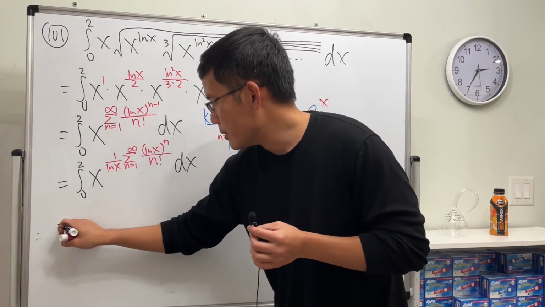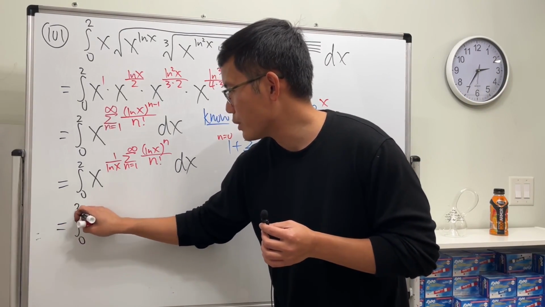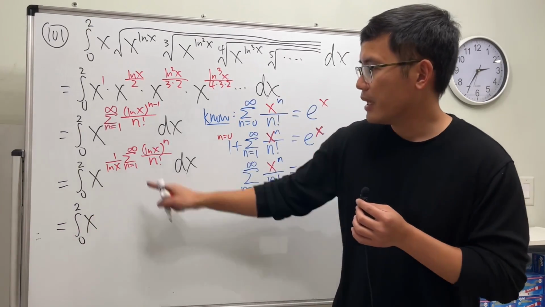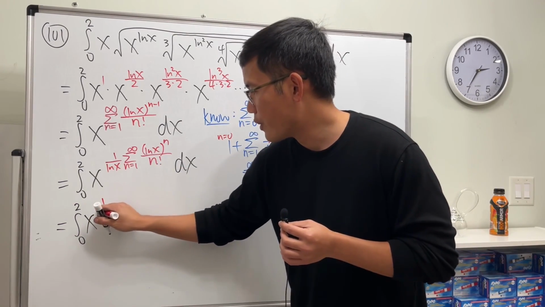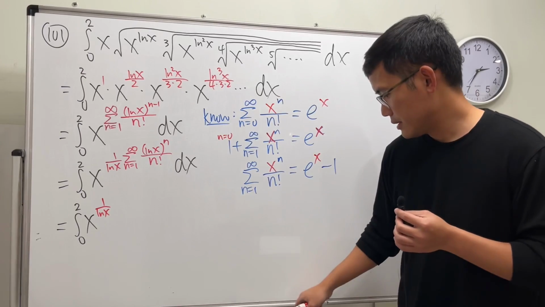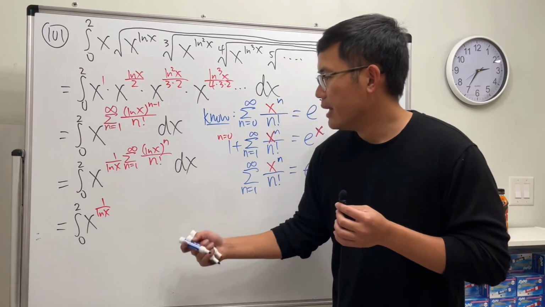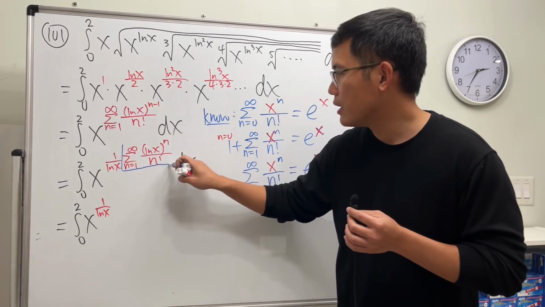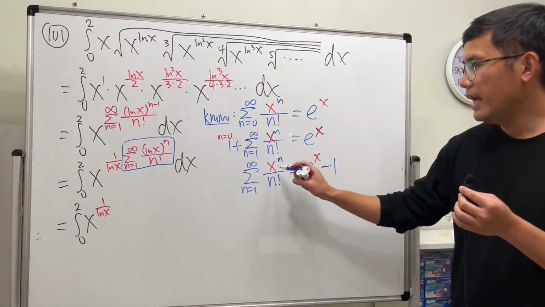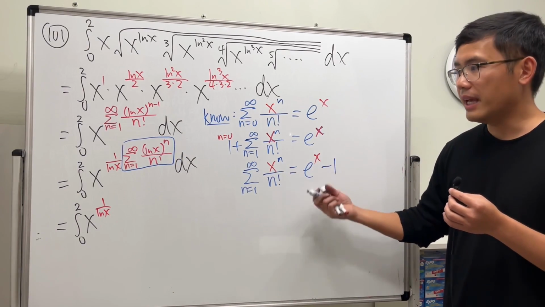So how does this help? This is the integral going from 0 to 2 of x, and here we have 1 over ln x. And this thing here is when x is equal to ln x.